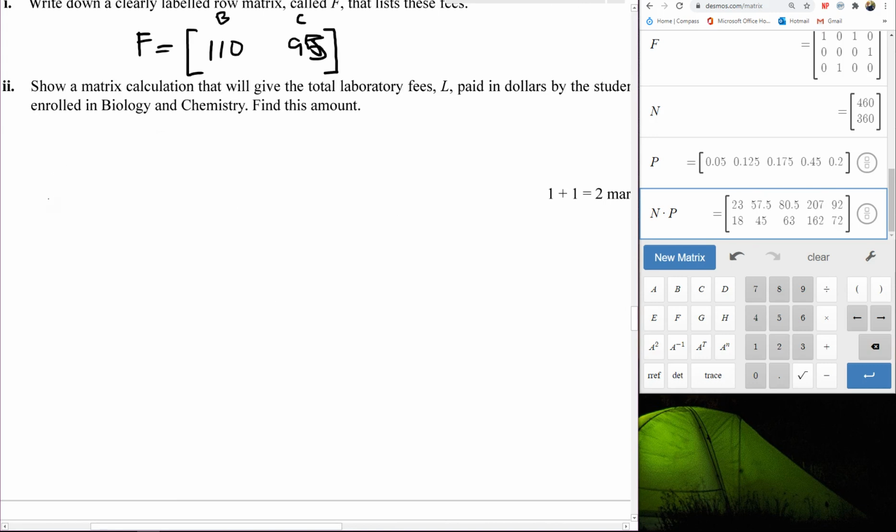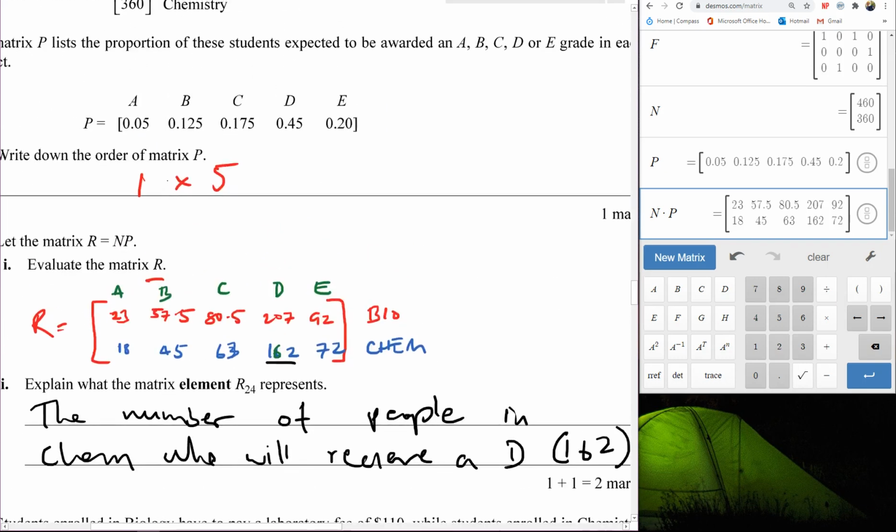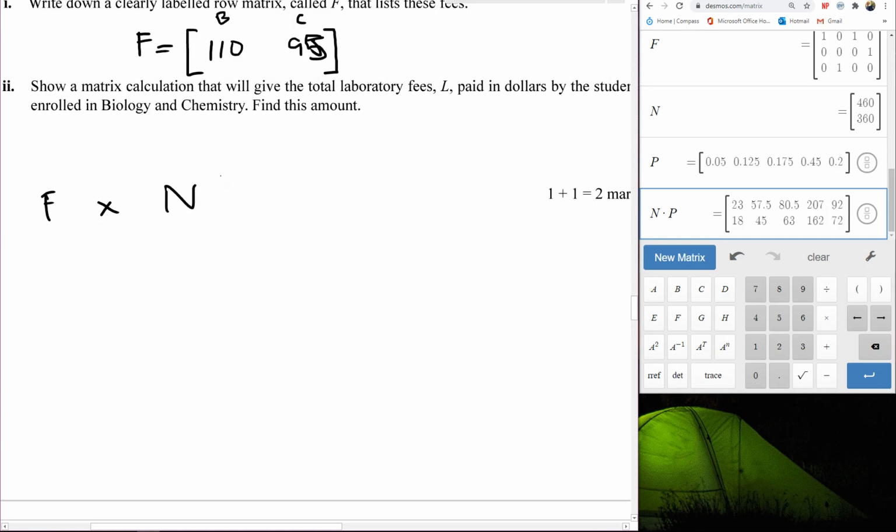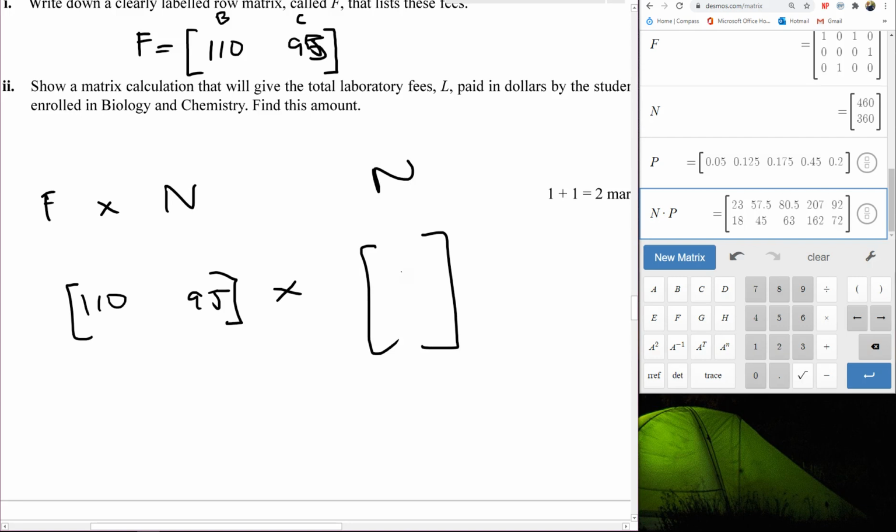So basically what we're going to do is F times N. This is saying it wants us to figure out the total cost for all the students if they were all to pay the lab fees. So matrix F, 110, 95 multiplied by matrix N, which is 460 and 360.